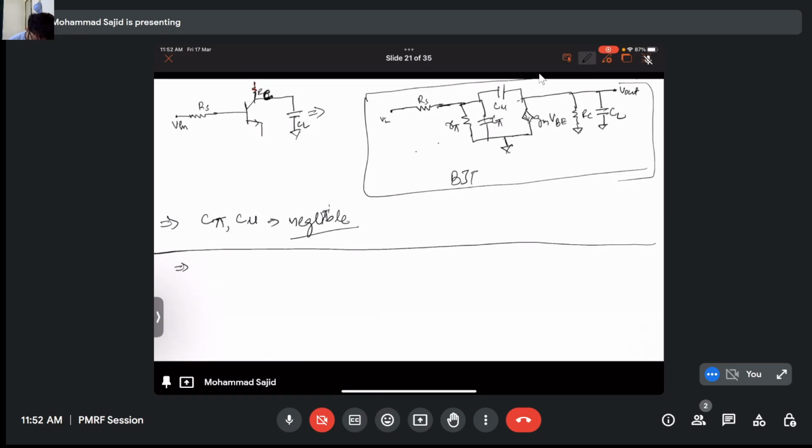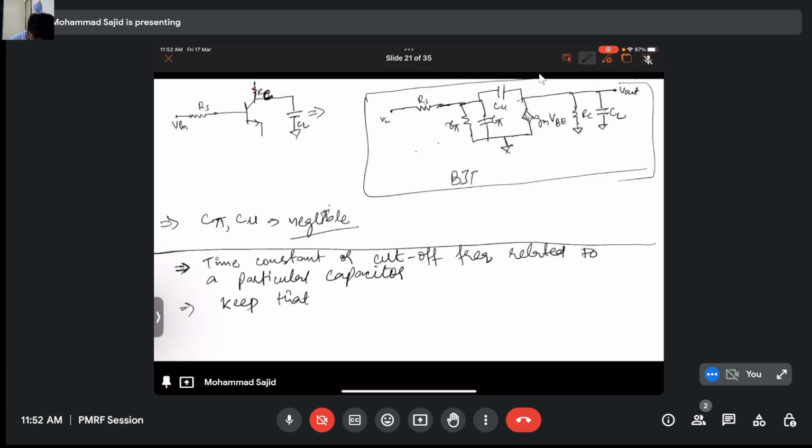Remember that if you want to find a time constant or cutoff frequency related to a particular capacitor, you keep that capacitor and short every other capacitor in the equivalent circuit.